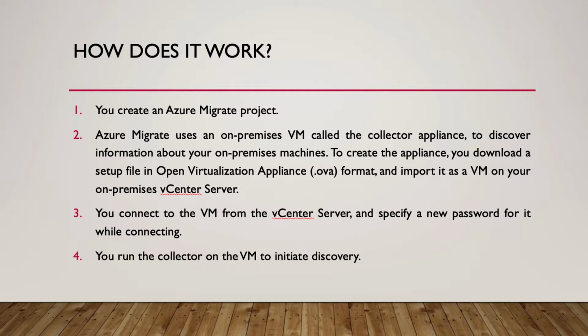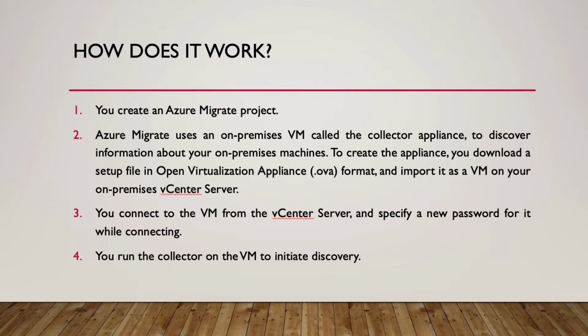To create the appliance, you download a setup file in Open Virtualization Appliance or .ova format and import it as a VM on your on-premises vCenter. Remember, OVA is basically the extension for the virtual software that you run in the virtual environment. It is not exactly the .exe for the on-premises machines, but it's something close to that when it comes to the virtual appliance.